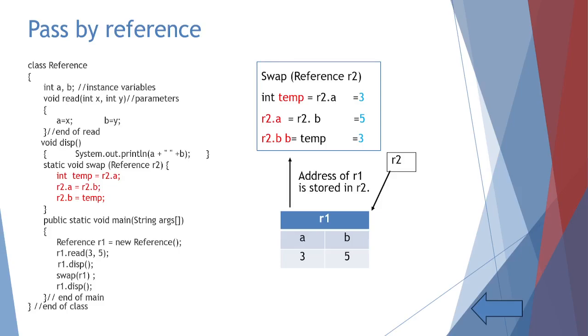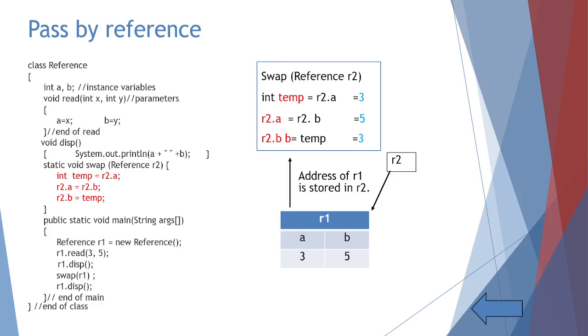This will create in the memory R1 object, right side you see a hypothetical representation, which has A and B instance variables.